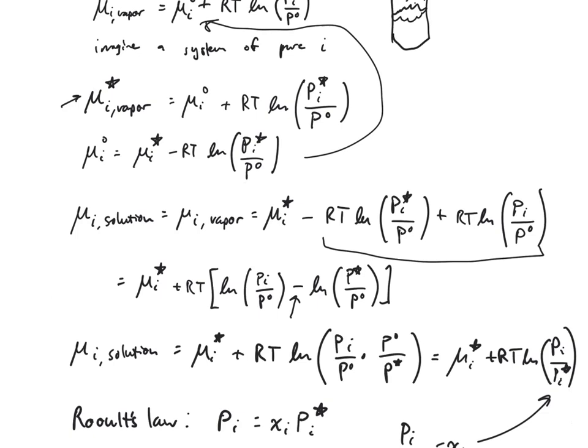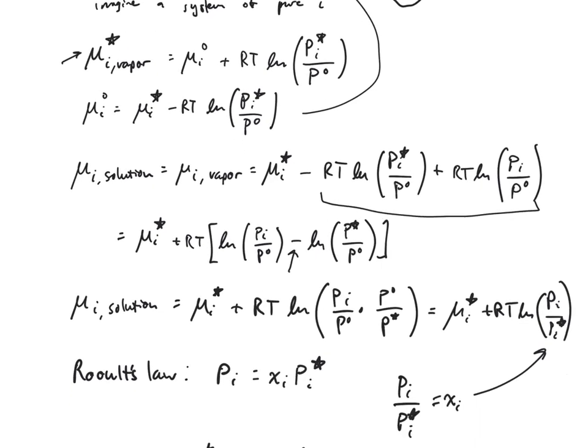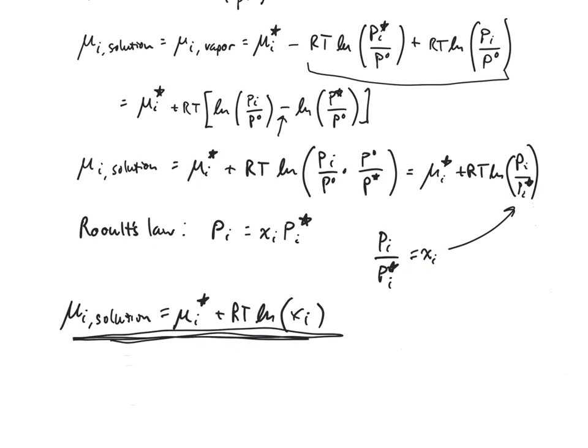That we're using the assumption that the vapors above the mixture are ideal gases, and that we're using Raoult's law to relate the chemical potential to mole fractions.